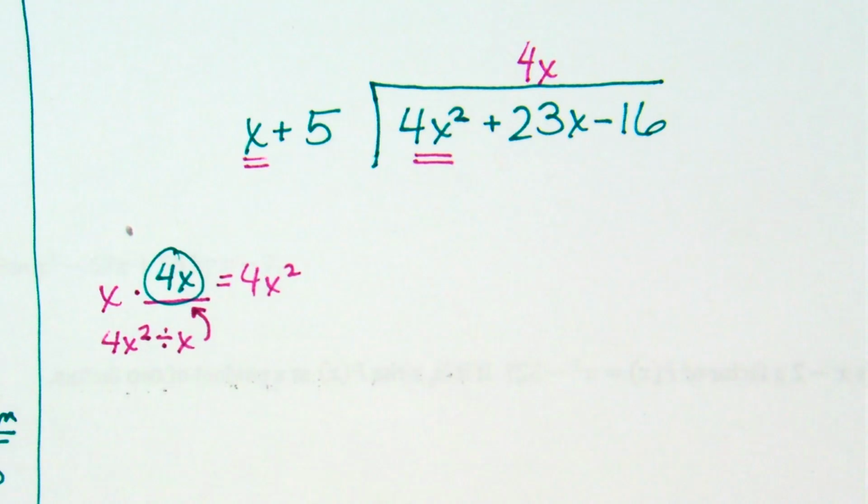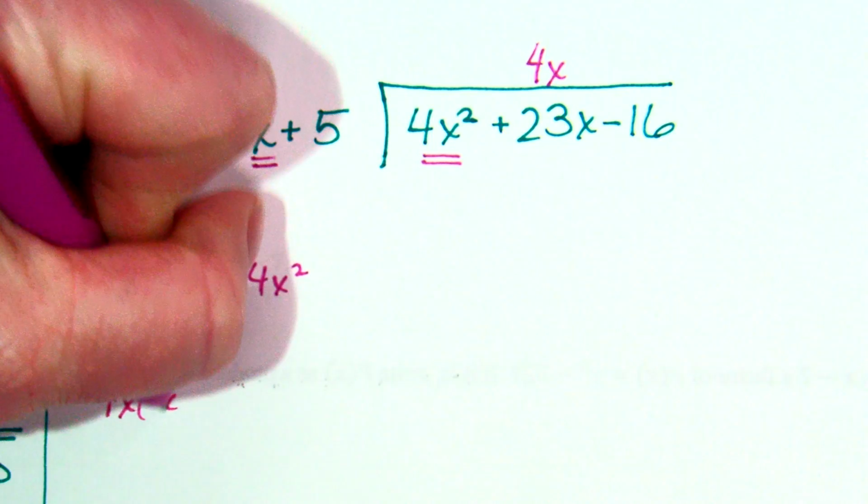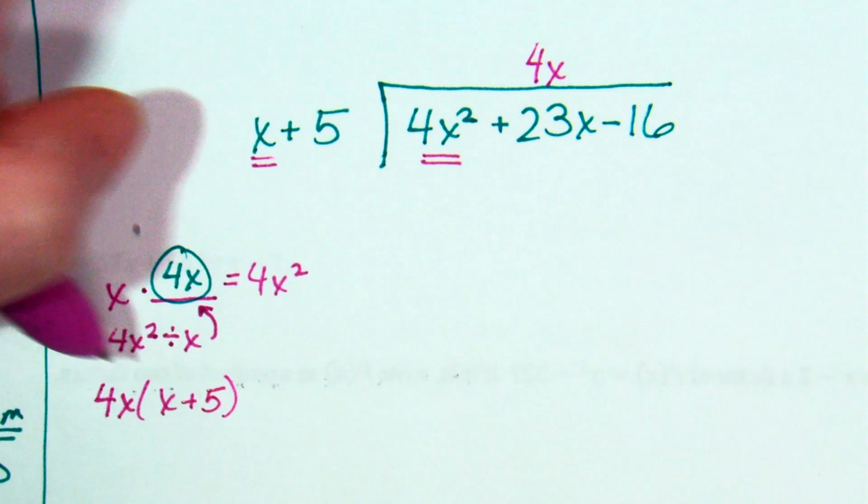Okay, so now, once that 4x is on top, what do I do with that 4x? Multiplication? Okay, on the last problem we were always taking something times 12. This time we're going to take whatever it is times x plus 5. So I'm going to take this 4x and multiply it by x plus 5, which, if you need the visual, it's like doing a distributive property.